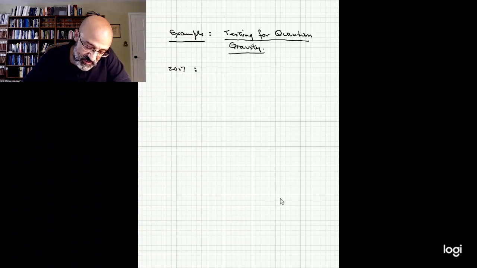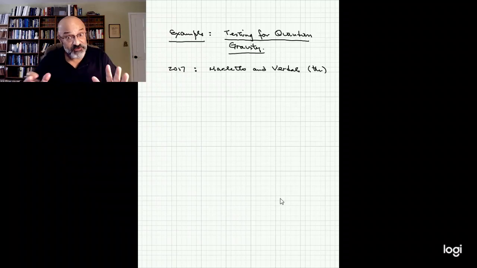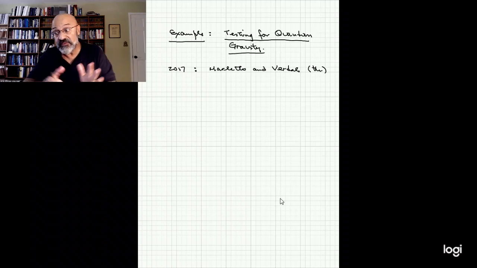In 2017, two groups of people, Chiara Marletto and Vlatko Vedral, who are theorists, proposed an interesting experiment that suggests that maybe we can test for quantum gravity doing fancy experiments, difficult to do, and yet doable within maybe the next 5 to 10 years.